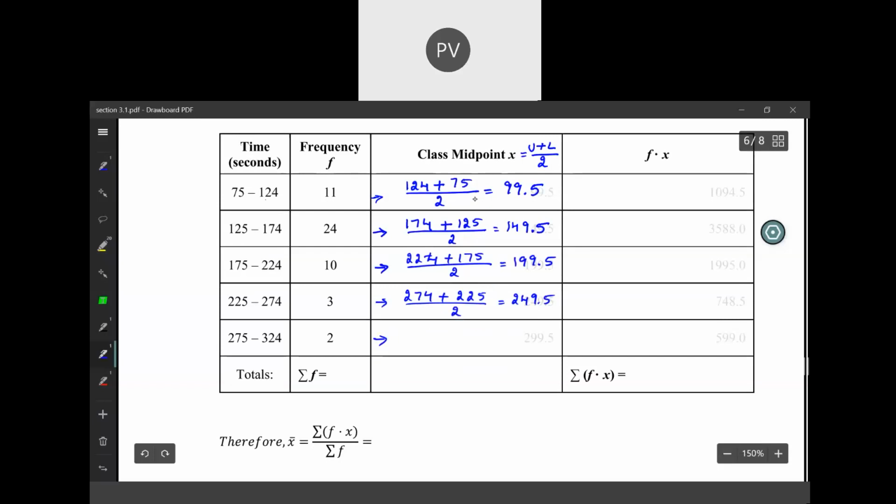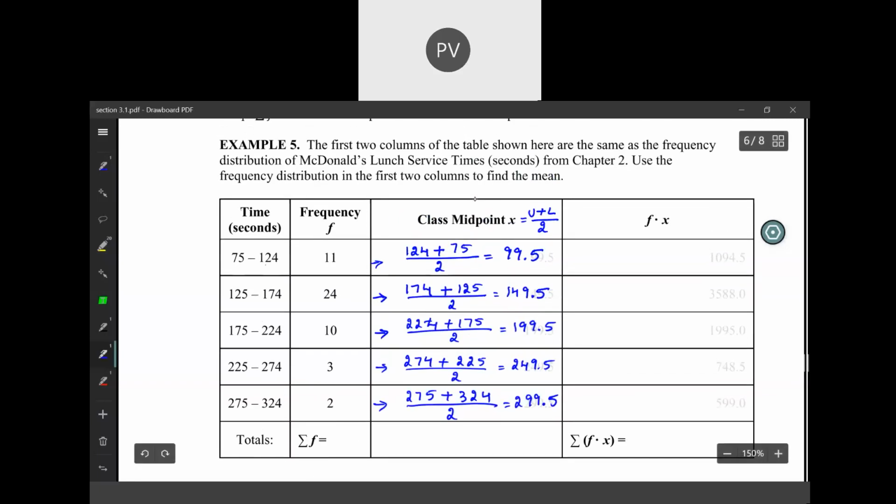Now you can ask me, why is it necessary that the first value must be the upper limit? No, it could be lower limit also. Okay, I can also compute by 275 plus 324 divided by 2. I can also write lower limit in the first place. That is not going to change the final result. Fine. So this is how you compute the class midpoint.